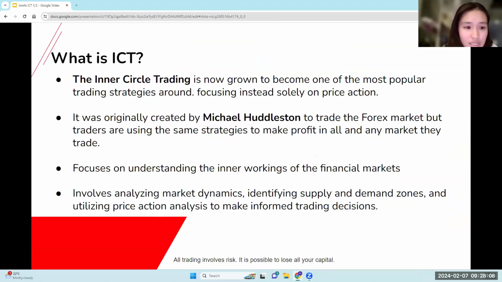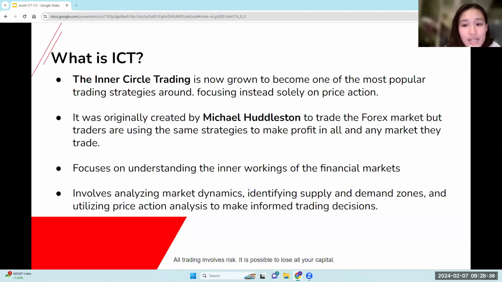So what is ICT? Basically ICT stands for inner circle trading. Okay, let me just allow you to pop your questions into the chat. So let's start by defining what exactly we mean by inner circle trading. ICT, or inner circle trading, is a trading methodology that focuses on understanding the inner workings of the financial markets.